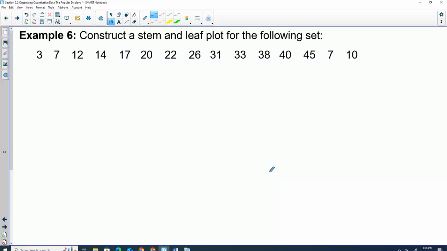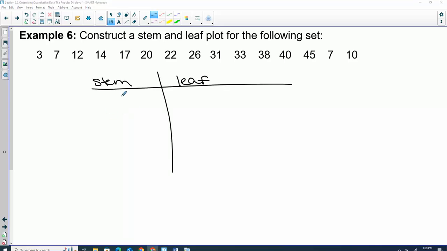I want you guys to make a stem and leaf plot. Okay. Got it? Yeah. 0. And I need to go up to what? Okay, so if I look at my 0, we have to put the smallest first and then the others. So 3, 7, 7.